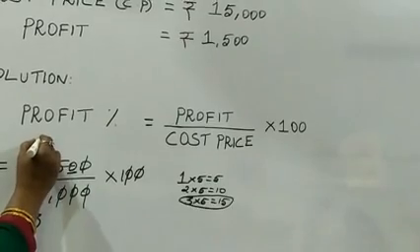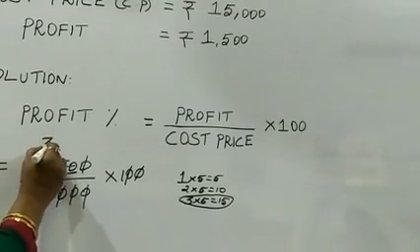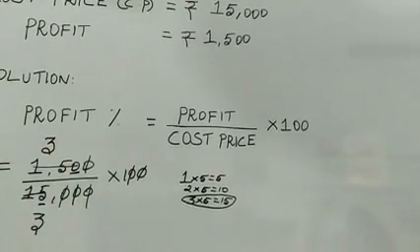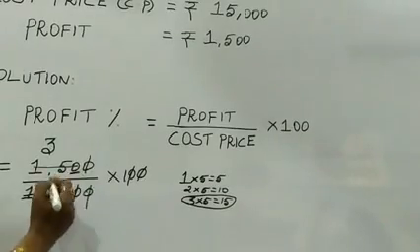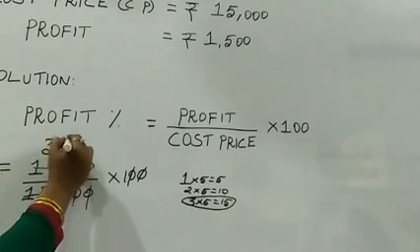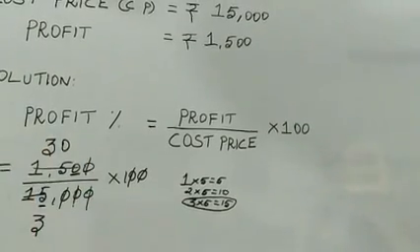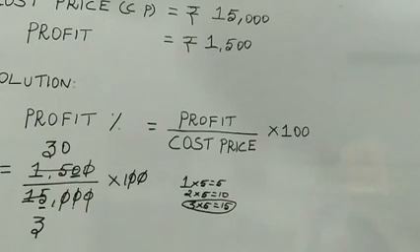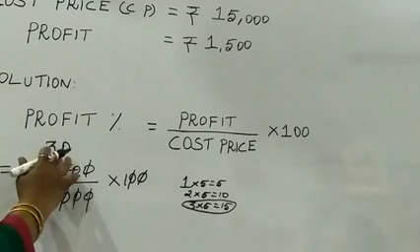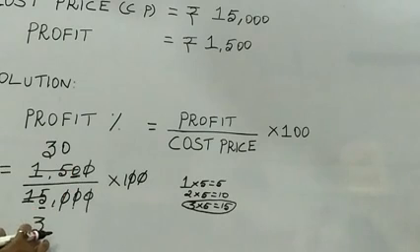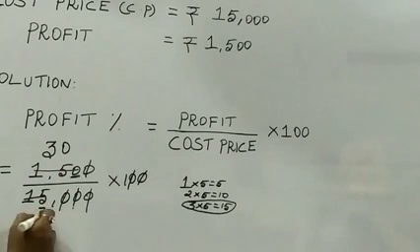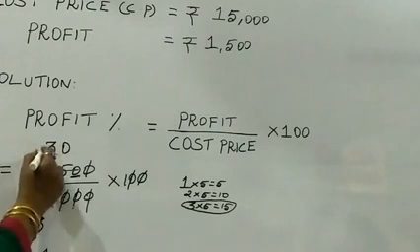Like that here also, 15, I take now. How many times 5 in 15? 3 5s are 15. But here you have one more 0. Just you have to add that 0. Now you get 30 in the numerator, and in the denominator you have 3 alone. Now I cut 3. 1 3 is 3.